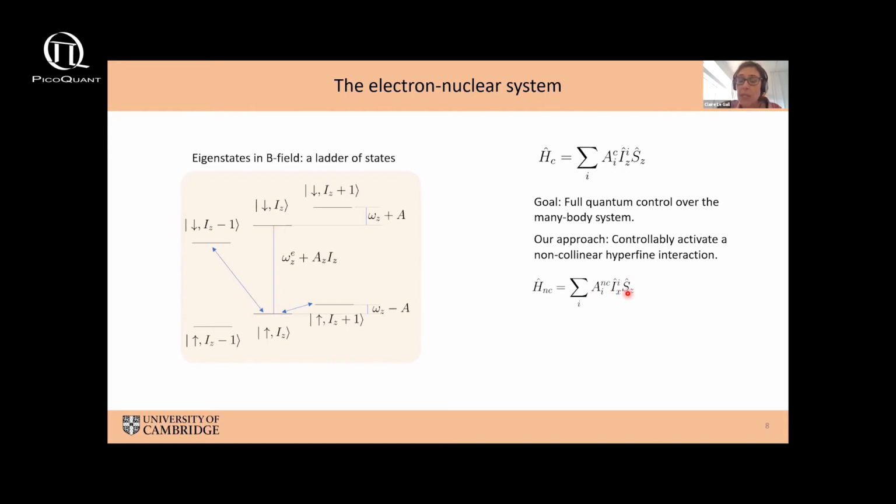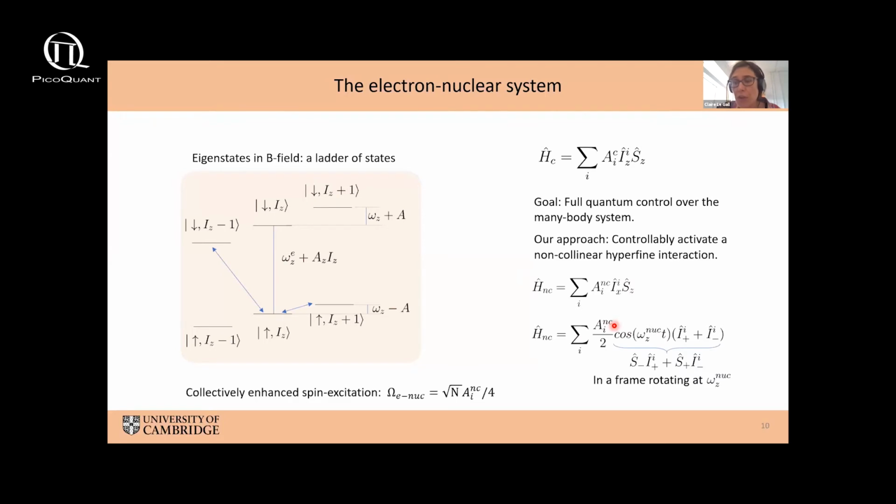But this process, if you just have this Hamiltonian alone, is frozen, because to flip a nuclear spin, you need to provide the nuclear Zeeman energy, so it's energetically forbidden. But now, if you start to modulate SZ, and this is just a semi-classical picture here, where I have replaced SZ by an oscillating field at the nuclear Zeeman energy, then this non-collinear term can give rise to nuclear spin flips.